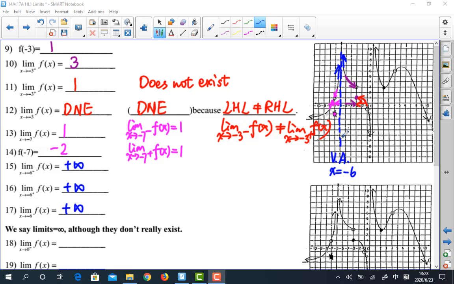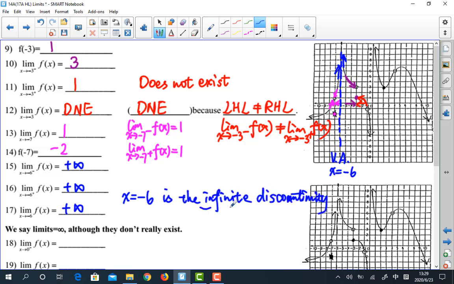And this line is the vertical asymptote. But look at these two pieces. They don't join up. They discontinue. So x equals negative 6 is the infinite discontinuity. The reason we call it infinite is mainly because, look at the graph on the left side, it goes to positive infinity. On the other side, it goes to positive infinity as well.